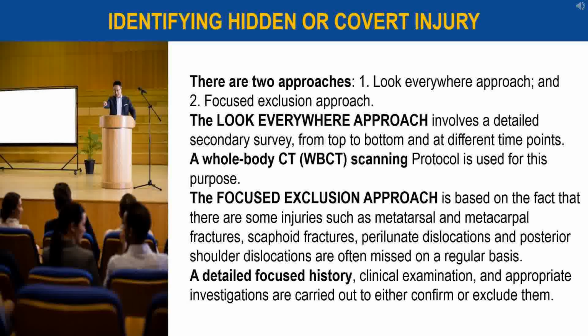The focused exclusion approach is based on the knowledge that there are some specific injuries which are often missed on a regular basis. Such injuries include metatarsal and metacarpal fractures, scaphoid fractures, perilunate dislocations, and posterior shoulder dislocations. When such injuries are suspected, a detailed focused history, clinical examination, and appropriate investigations are carried out to either confirm or exclude them.